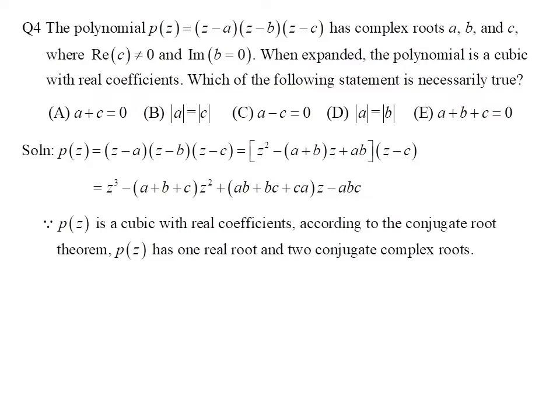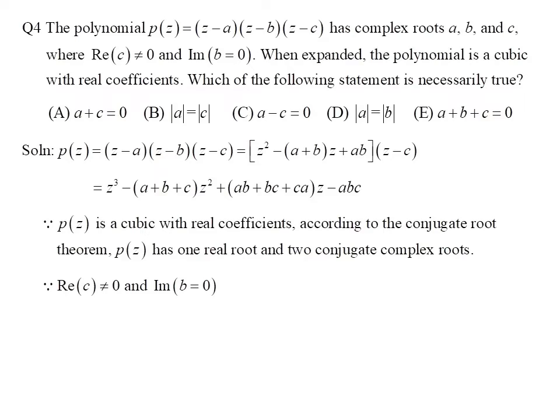Since all coefficients of the cubic function p of z are real, according to the conjugate root theorem, p of z has one real root and two conjugate complex roots.